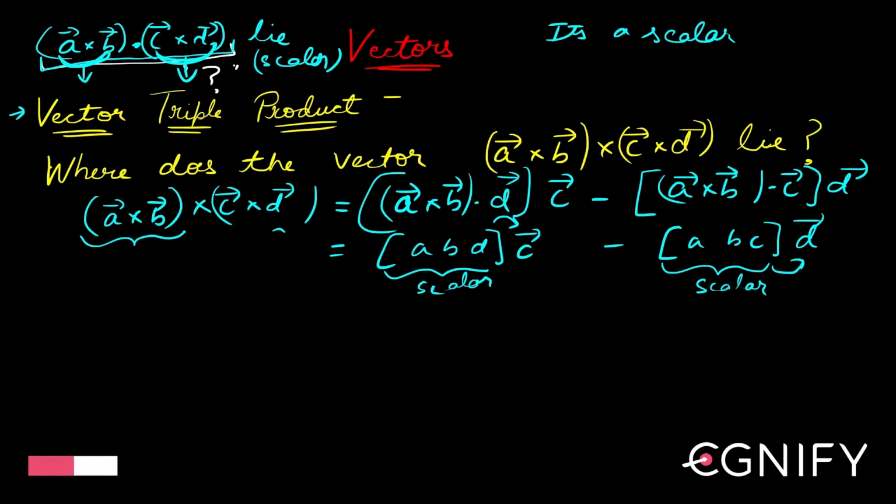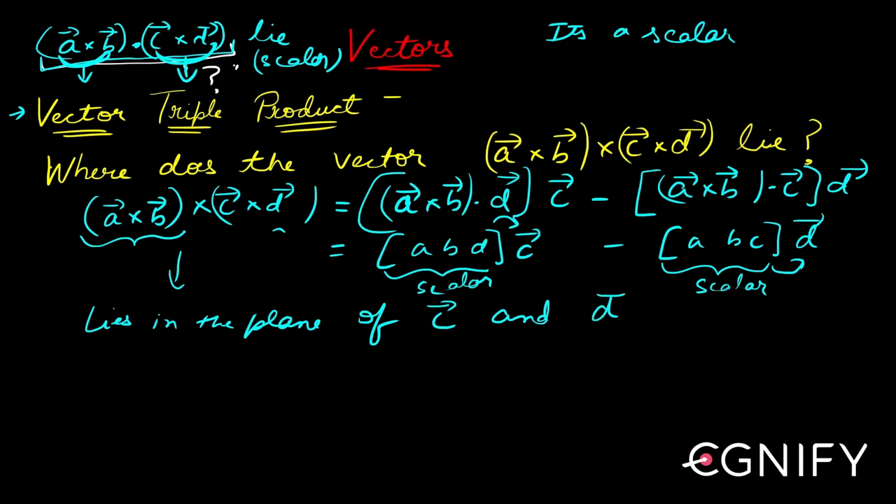That means this vector lies in the plane of C bar and D bar, right? That's obviously true, because you're taking some scalar lambda, multiplying that with C bar, then you're taking some scalar mu, multiplying that with D bar. Now this vector is obviously along the plane containing C and D, right?